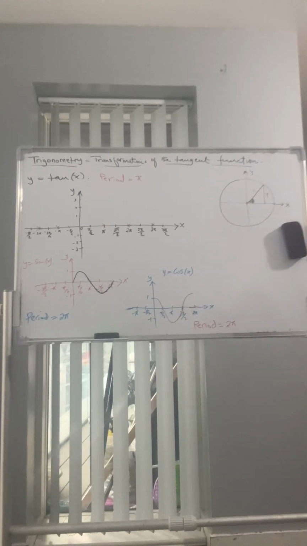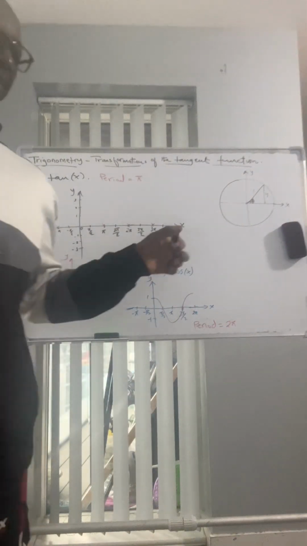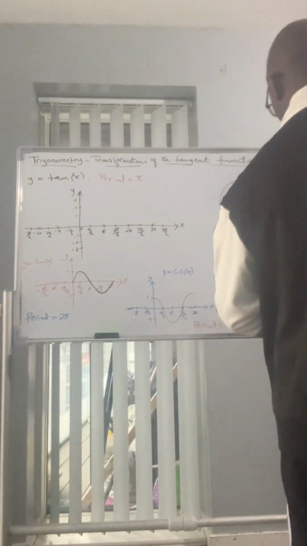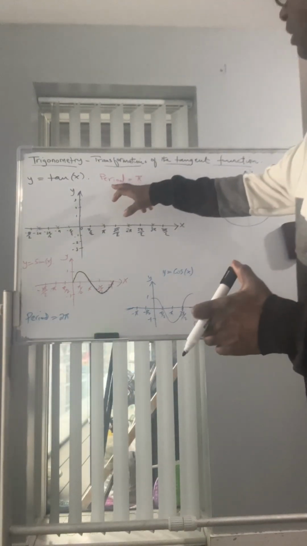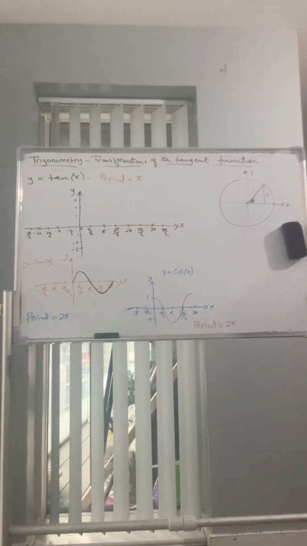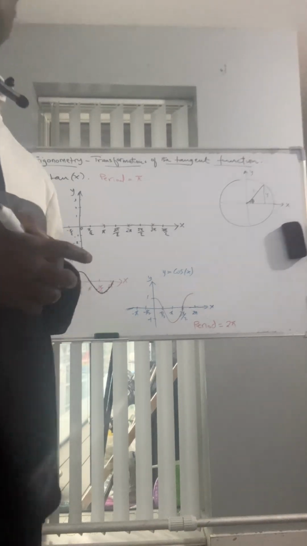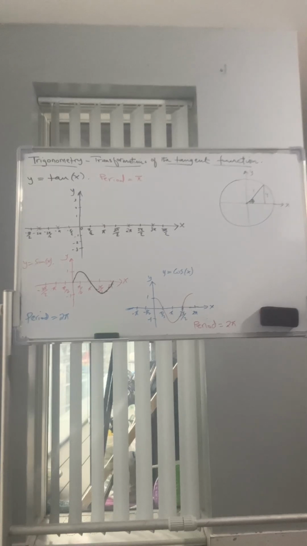It's a circle. But when you come to the tangent function, it doesn't behave that way. It behaves differently. It repeats every 180 degrees. Why is it different from the other 2? We're going to find out.